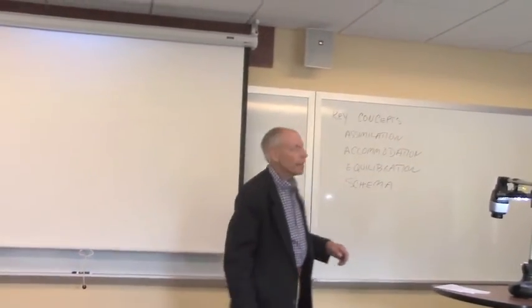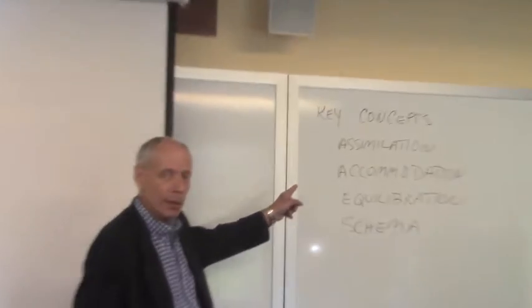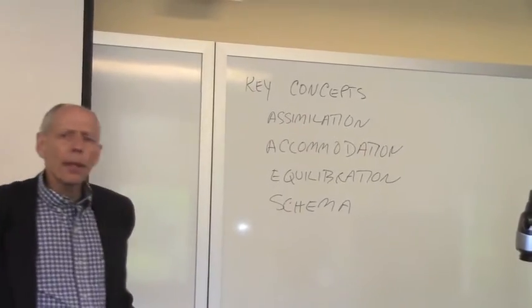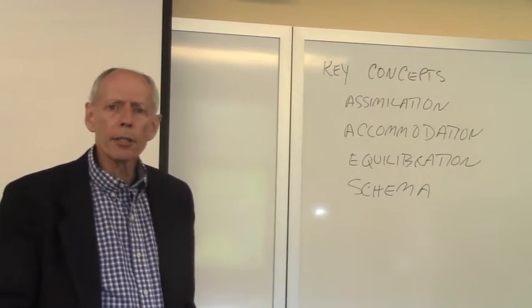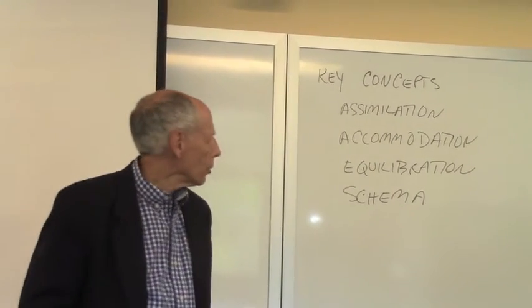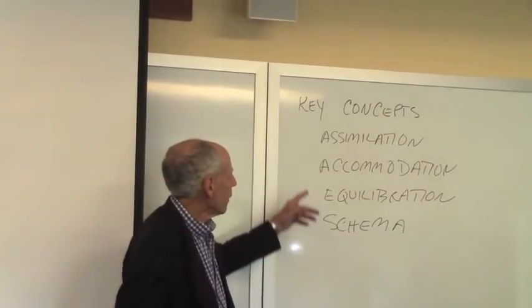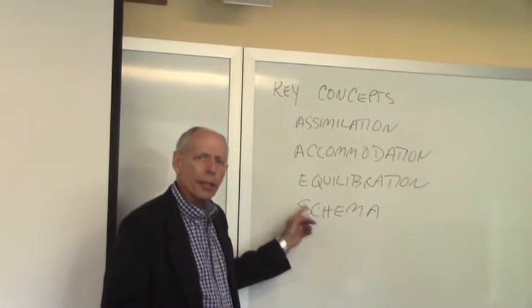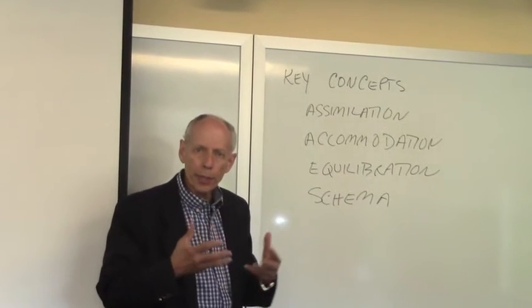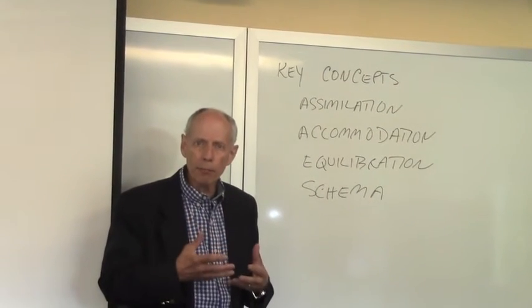First, some key concepts. When Piaget summarized his findings, what he noticed was that we change the ways that we make sense out of the world, given the sensory input and the information that comes to us.